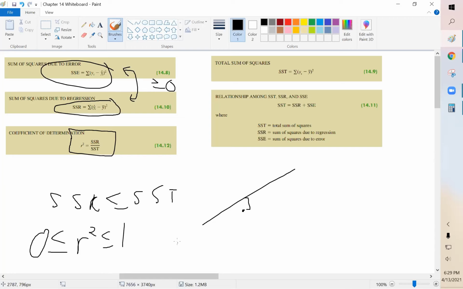So therefore, if we took the square root of R squared, we have 0 is less than or equal to r is less than or equal to 1. This r, that's the correlation coefficient that we didn't touch on in chapter 3. This is why I waited until here. You'll see even more clearly in a moment why I waited until chapter 14 to cover the correlation coefficient.